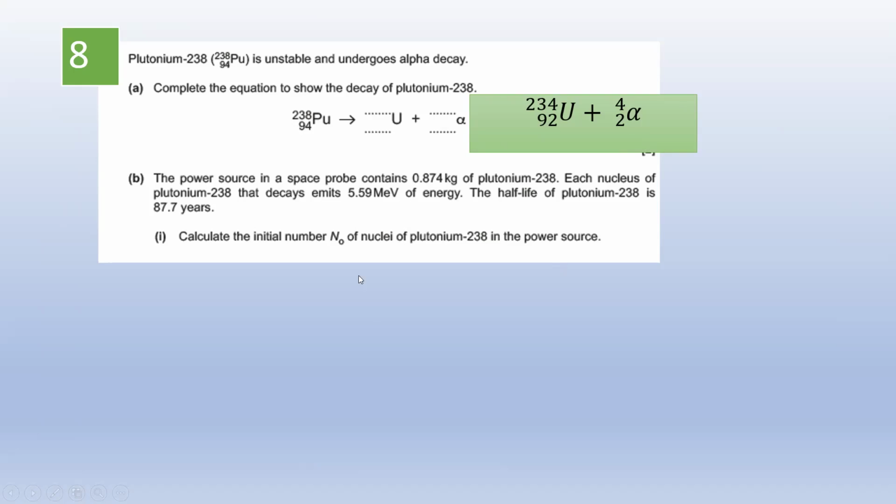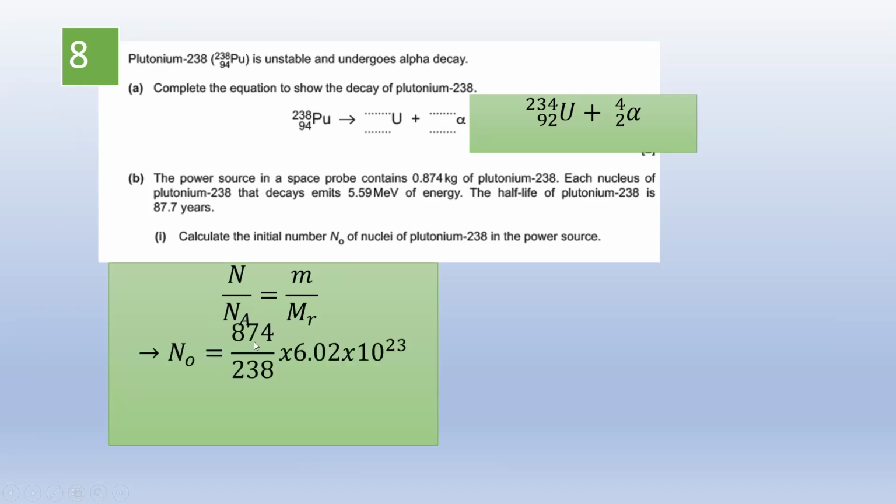Basically, we just use this formula. This is Avogadro's number. This is the molecular mass or atomic mass, which we get from here, 238. And this one you can use either kilogram or gram. If you use gram for this one, it is in gram. And calculate the number, which is N naught.